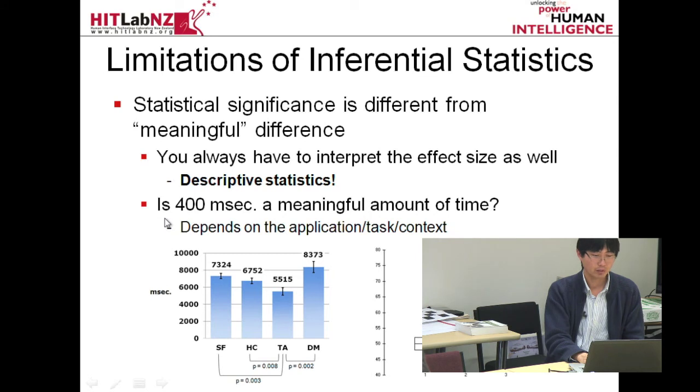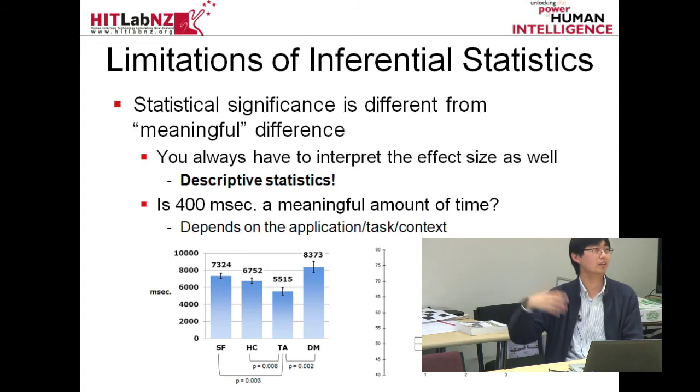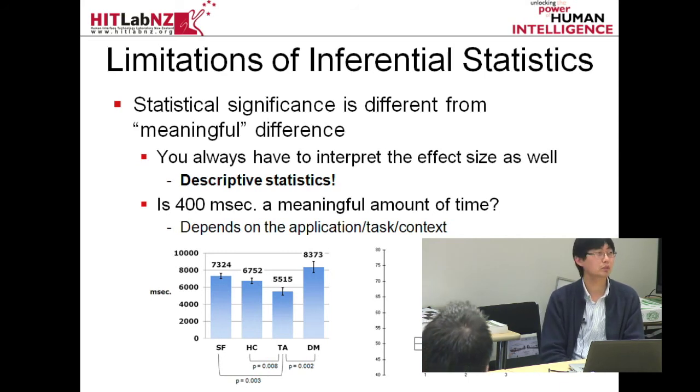And again, I think we've talked about this when we were talking about descriptive statistics, but whether that difference is meaningful or not depends on the application or test or the context. So for instance, if the test completion time differed by 400 milliseconds, and if it was a critical task in a nuclear control center where it's very critical to have this millisecond level of time difference, then it's a meaningful result.